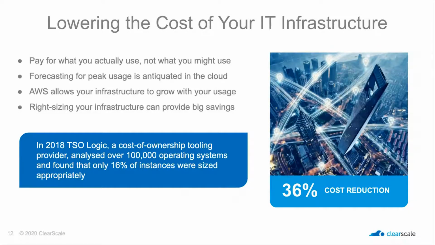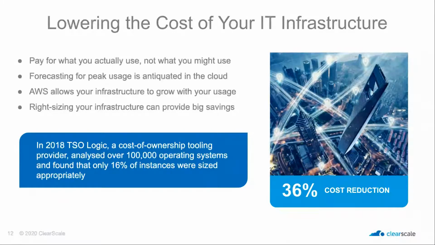They found that only 16% of the instances were sized appropriately. After doing some analysis, they came out and said that we could reduce costs of up to 36%. Now that's a really good number, and IDC, as I mentioned before, had that number at 37%. So these are real numbers that you could get by migrating to the cloud. These aren't one-off types of numbers.